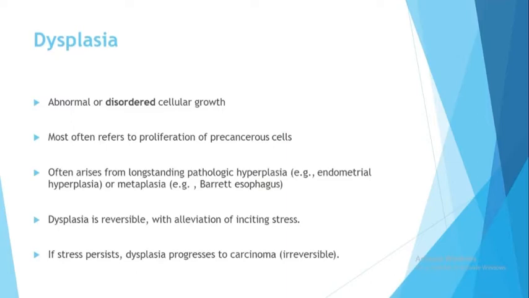However, dysplasia is similar to metaplasia and to the other cellular adaptation mechanisms in the sense that it is a reversible change with the alleviation of the inciting stress. However, if this stress persists, then dysplasia is going to progress to carcinoma, and when it progresses to carcinoma, then this is an irreversible change.